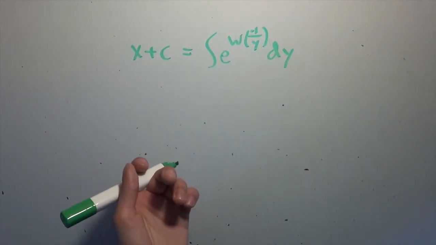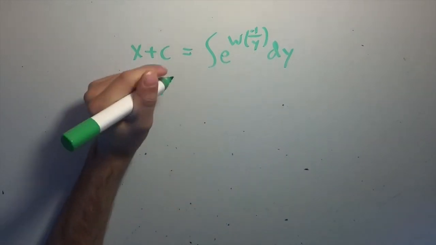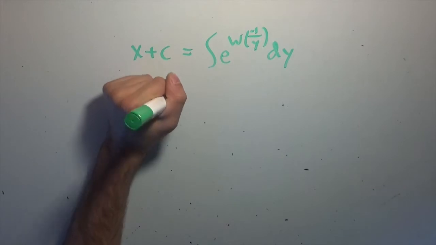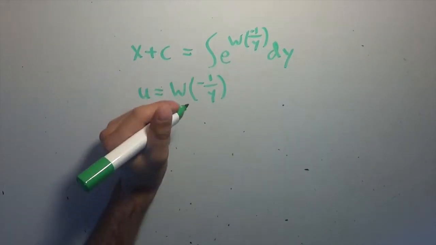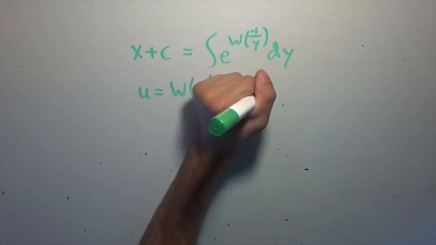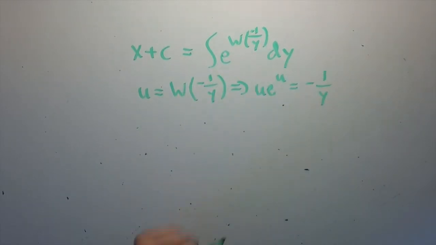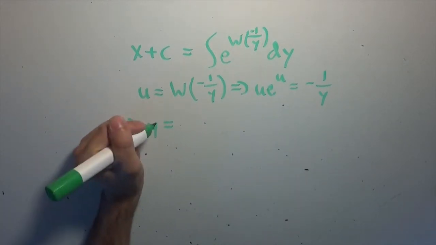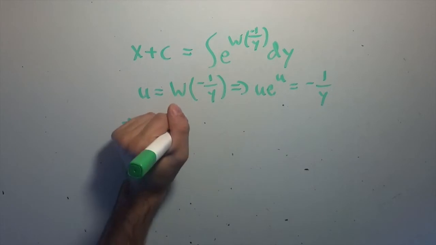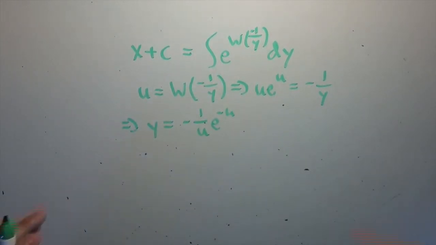And all we're going to do is let u equal w of -1 over y, which tells me that u times e to the u is equal to -1 over y, which tells me that y is equal to -1 over u times e to the negative u, because I have to reciprocate and then multiply by -1.